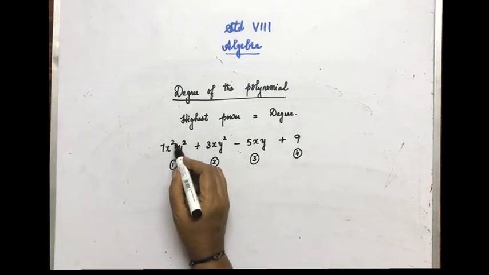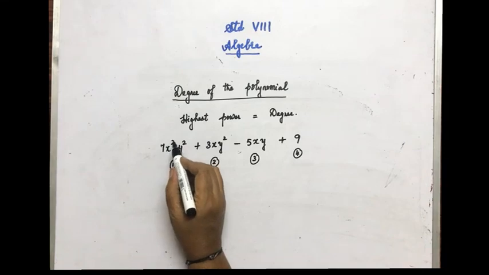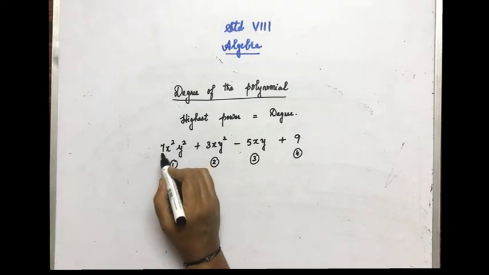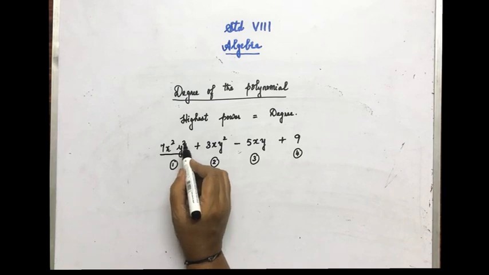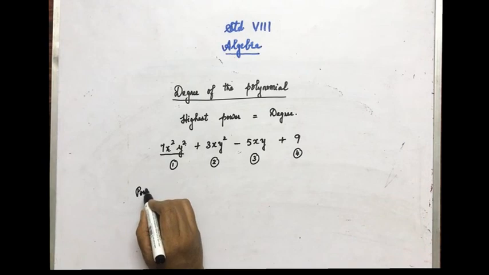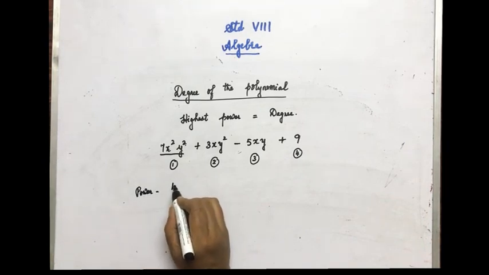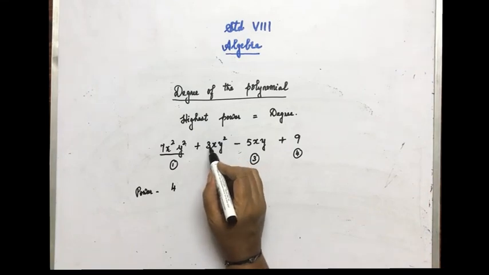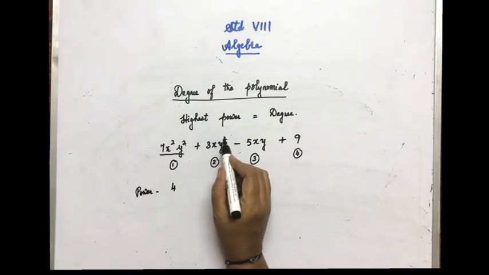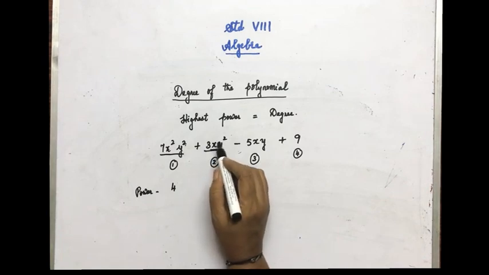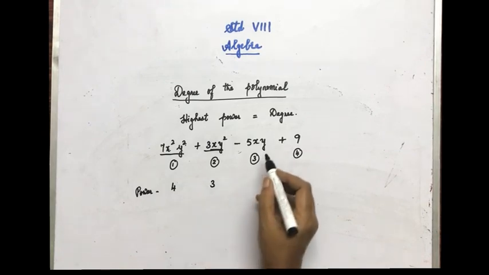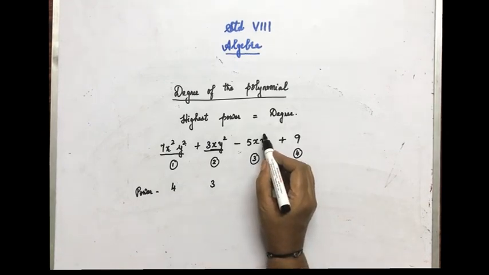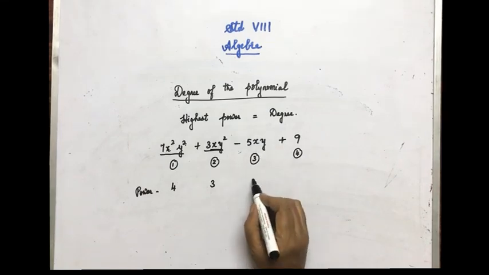Now let's consider the power of the first term. For x we have 2 and for y also we have 2. So this is actually one term. So what is the power now? We have to add the powers. So 2 plus 2, the power of the first term is 4. For the second term, here 1 and 2, the power is 1 plus 2, it is 3. For the third term, no power is given, so it is understood as 1, here 1, so 1 plus 1, it is 2.